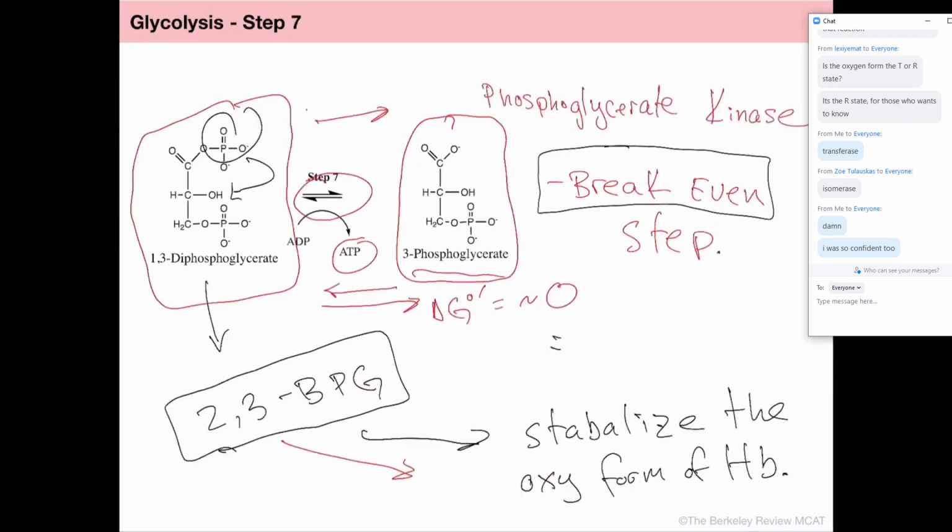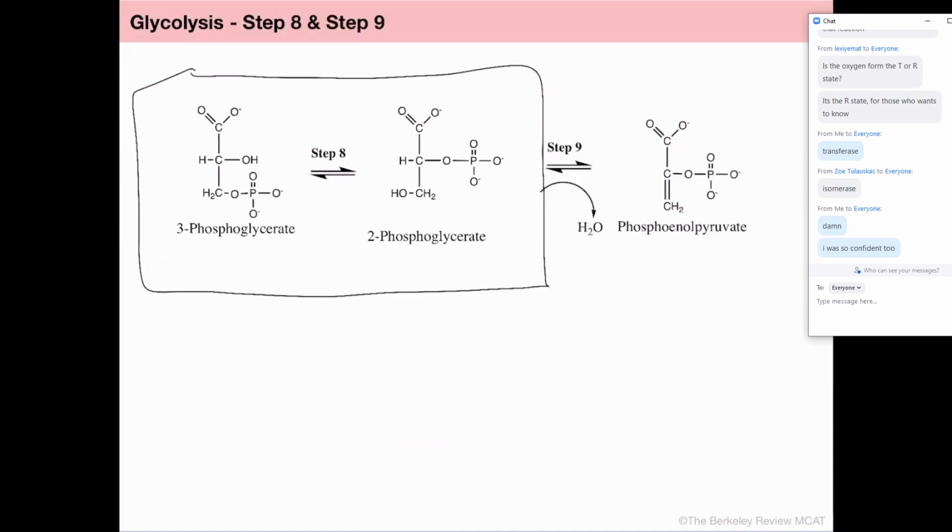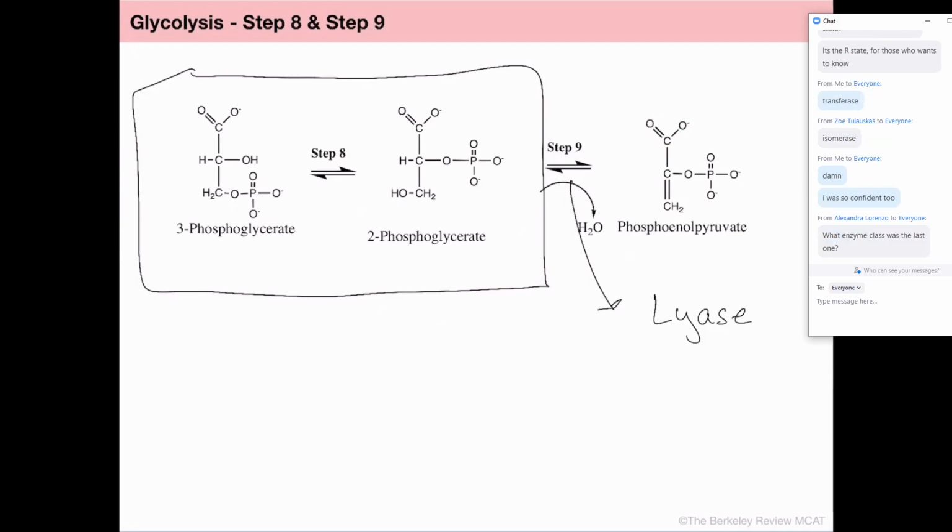And someone wants to go back to the last slide real quick. Okay, and now step 9. This is a lyase, which performs a dehydration reaction to get to phosphoenolpyruvate.